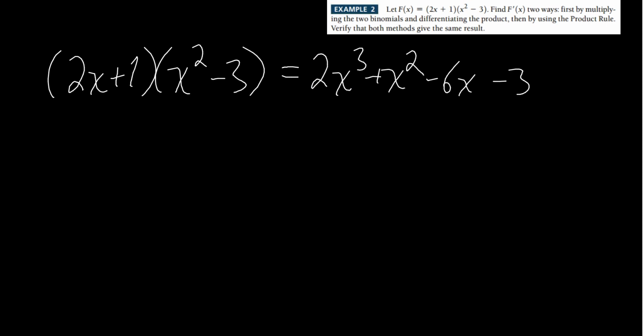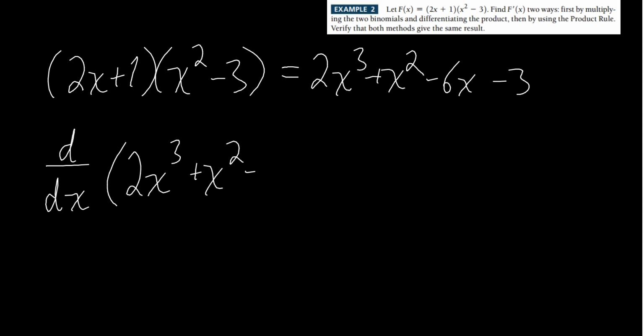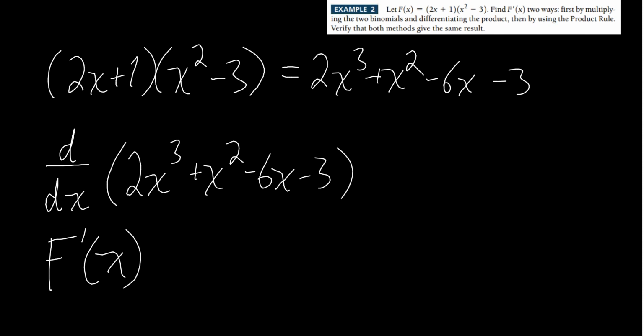Okay. All right, well, let's take the derivative of that. So again, we're going to write d dx. Well, it does have a name f of x, but we're still going to write d dx, which again just means take the derivative of 2x cubed plus x squared minus 6x minus 3. Again, just means take the derivative. We also know that this could also be written as f prime of x, right? But we're just going to say take the derivative of it.